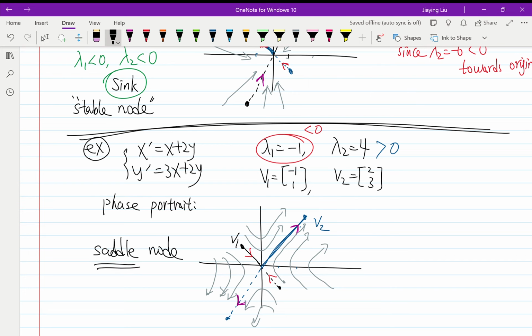It looks like a saddle because you have this cross section, two quarters of it going downwards, the other two going upwards, basically.